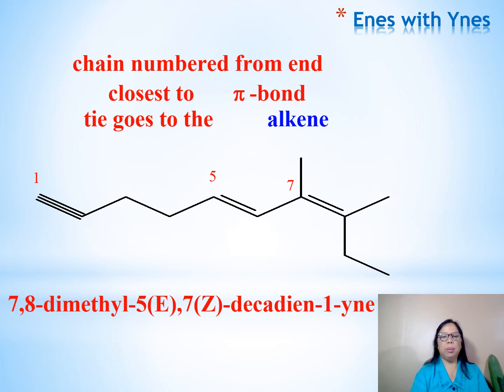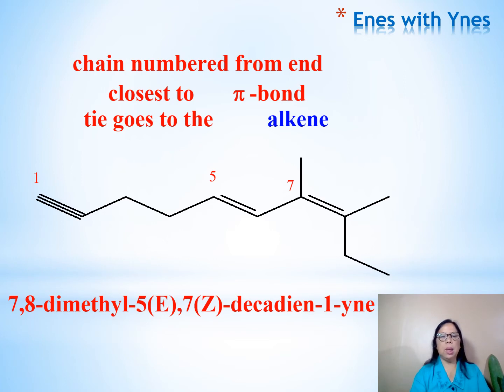So you can still remember this, no? The E and the C. So you have the 5,7-decadiene. And then you write the alkyl group. You have 1, 2 methyl, so dimethyl, you write there dimethyl, and they are found in carbon 7 and 8.